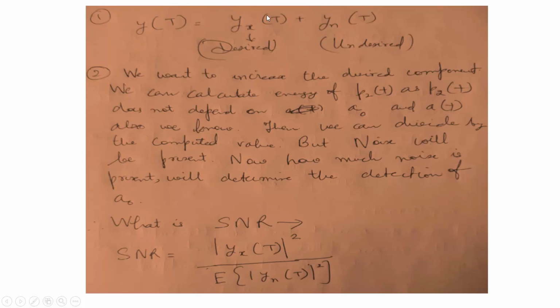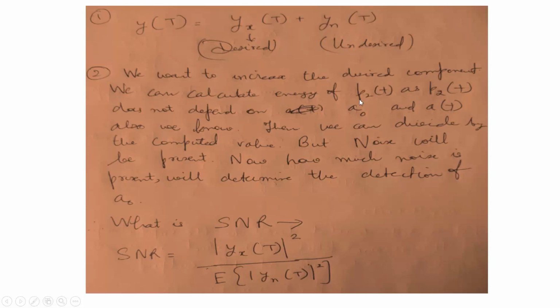This is the convolution formula in the continuous domain, and of course noise will also be convolved with the same impulse response, which is a(T minus tau) d tau. So the first part is my signal part, the second part is my noise part. So I can break this y(T), which is the value of the output at this sampling instant capital T, into the signal part and the noise part. So this part is the desired part and this is the undesired part, which is noise. We want to increase the desired component.